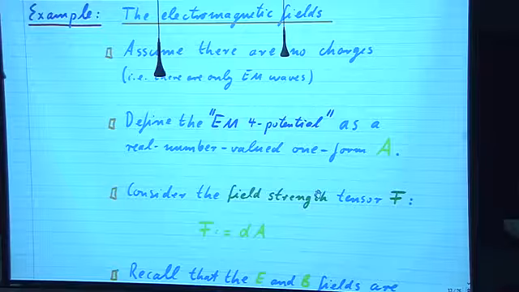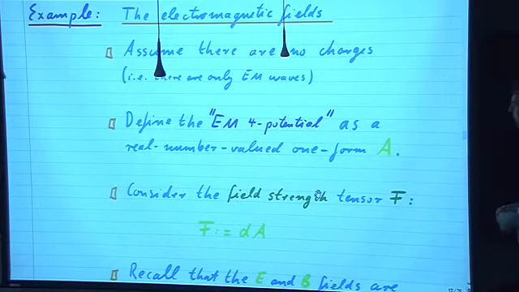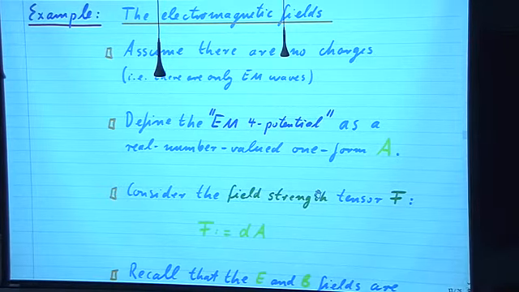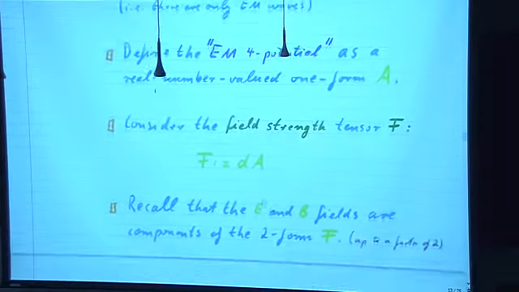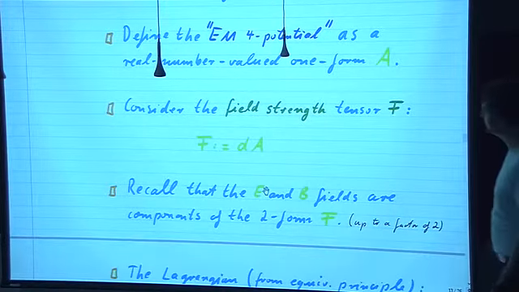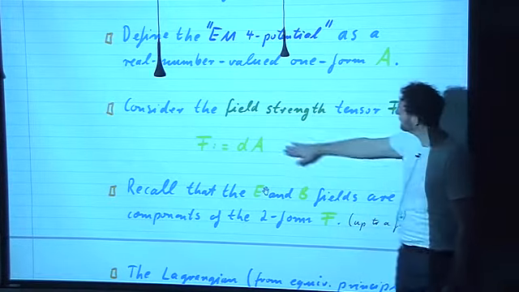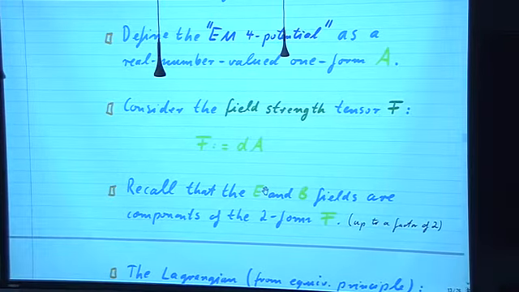But then we define the electromagnetic 4-potential as a real-valued one-form A. That's the vector potential of electromagnetism. It's a one-form A, so it's really just a cotangent vector field. And then we define the field strength tensor to be its exterior derivative. So A is a one-form, dA is a two-form, the field strength tensor.